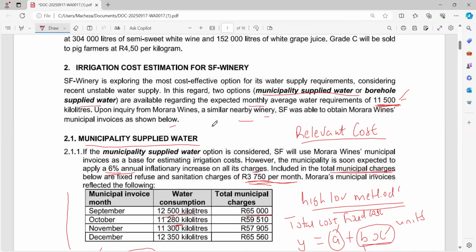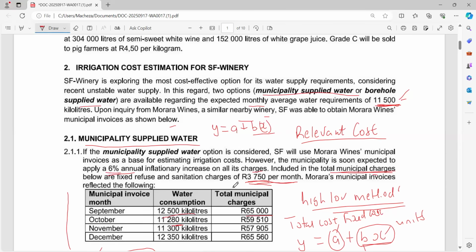That's why we have this equation, Y is equal to A plus BX. Your BX is the units, so it's the one that gives you the variable cost, depending on how many units were produced or used. That's basically how you do this kind of question.